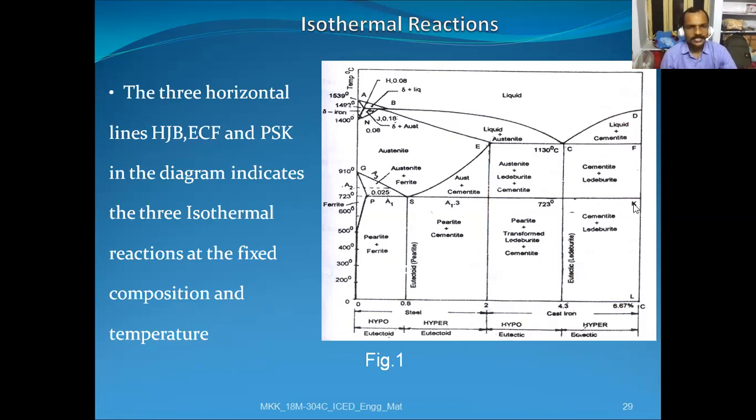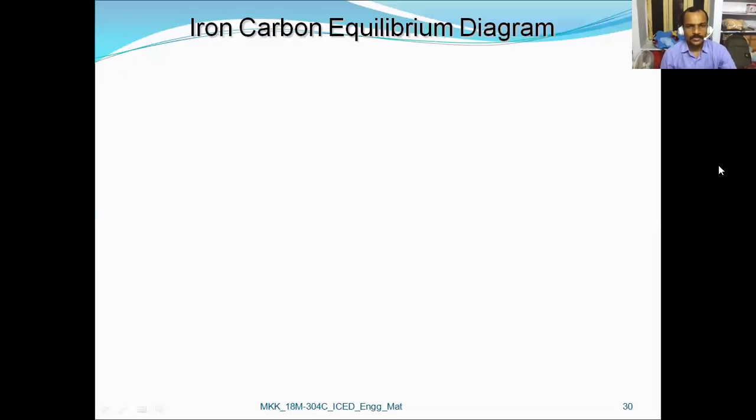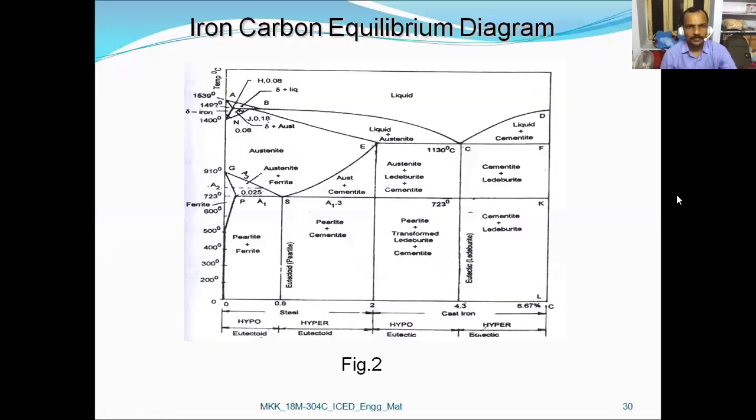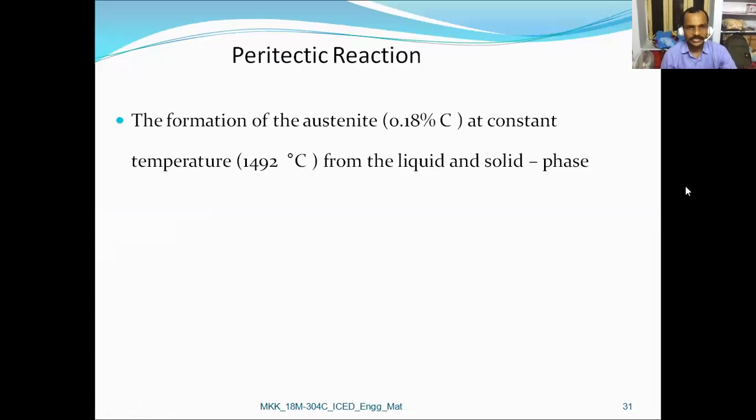In the diagram, these three indicate the three isothermal reactions at fixed composition and temperature. Let us see what those are. In this particular diagram, first is the peritectic reaction.